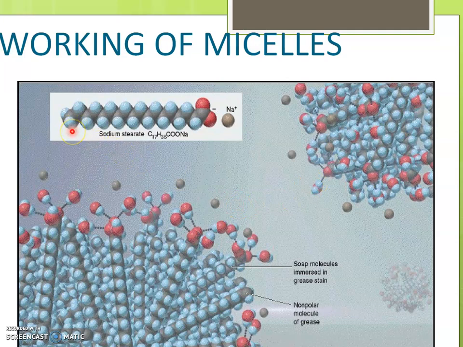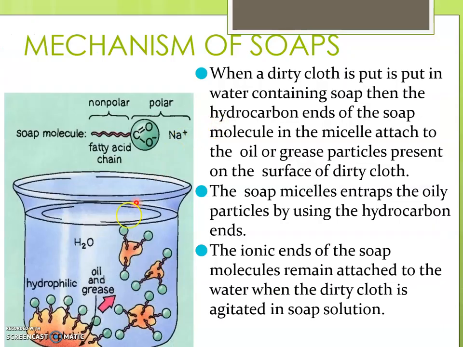This is the hydrophobic tail part of the soap molecule. This is the hydrophilic head part of the molecule. So when a dirt particle is on a cloth, if we add soap solution to clean the dirt, what happens?